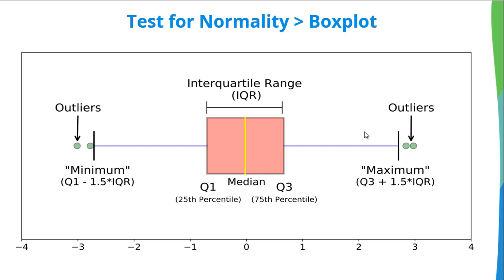Many things can cause outliers in your data set. Let me explain conceptually. For example, you want to collect data on the ages of children between 5 and 15.